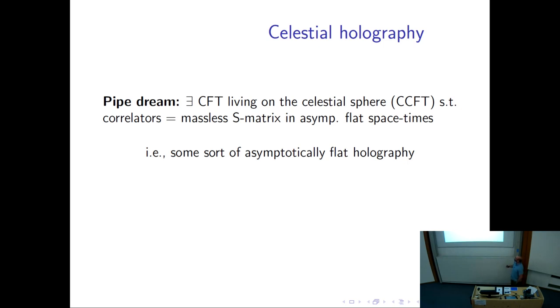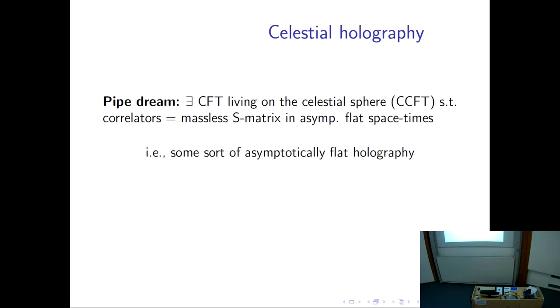But let me give a very non-technical description of what's going on with this celestial holography program. It's this pipe dream that there's some sort of conformal field theory living on the sphere of null generators, whose correlators compute S-matrix elements, or at least massless S-matrix elements in asymptotically flat spacetimes.